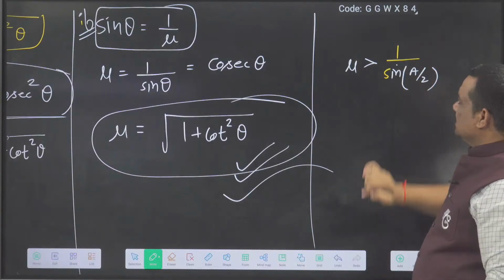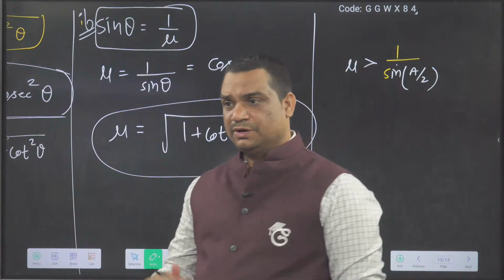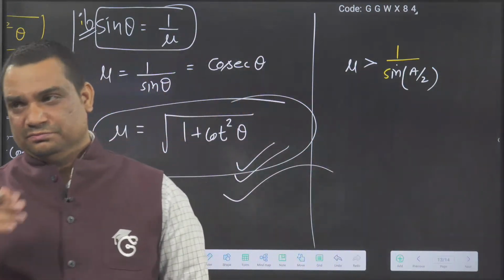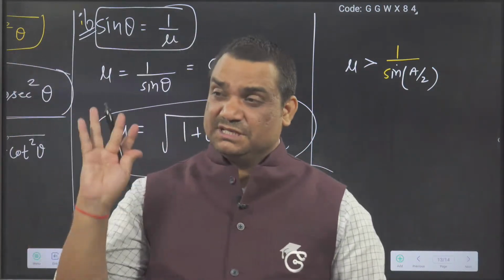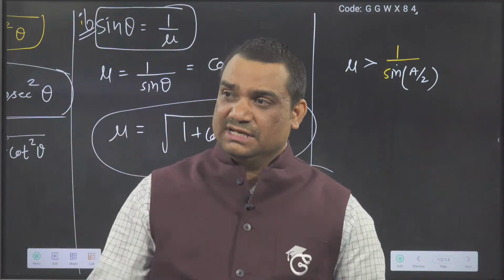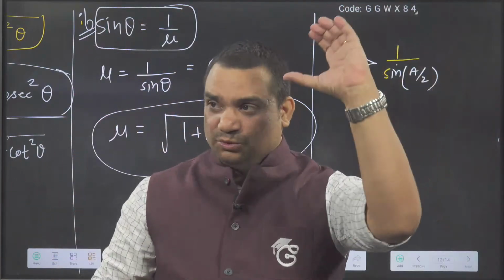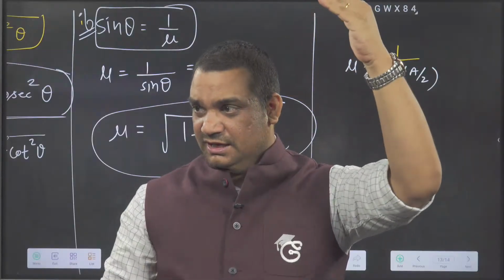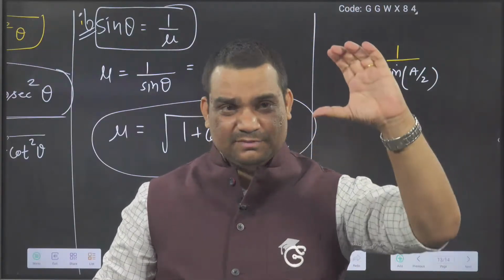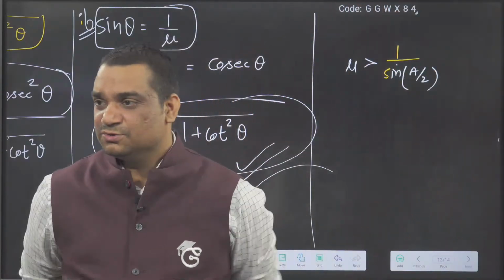This relation people know in the prism. Up to this it is the physics; three lines of physics will be there, and before those three lines we have to solve in the prism.